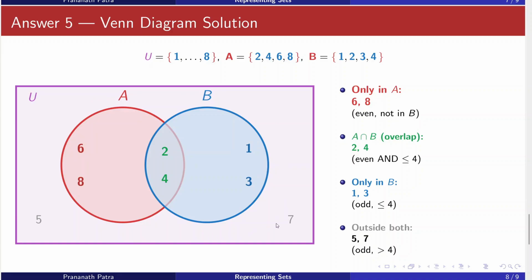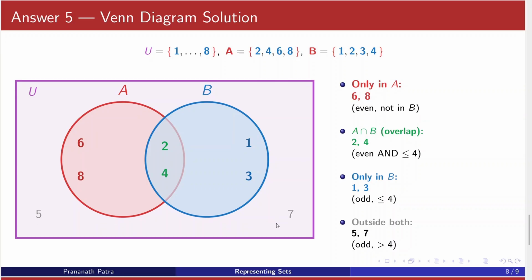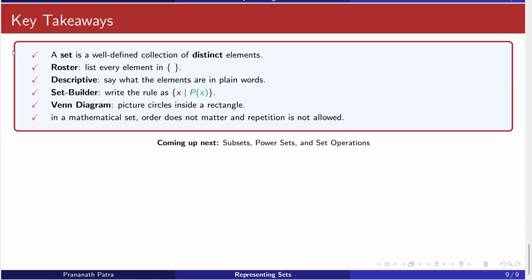As we bring this 4-part series to a close, let's take a deep breath and review our key takeaways. First and foremost, remember that a set is simply a well-defined collection of distinct elements. Throughout this journey, we learned 4 beautiful ways to represent these collections. We learned the roster method, where we carefully list every single element inside curly braces.